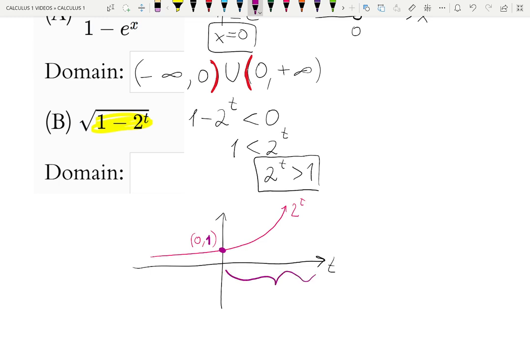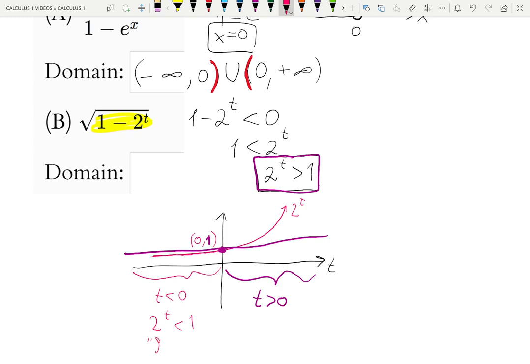On the right, when t is positive, the graph of the function is larger than 1. So this is when we don't want to have those inputs. Otherwise, when t is less than 0, this is when 2 to the t is less than 1, which is good.